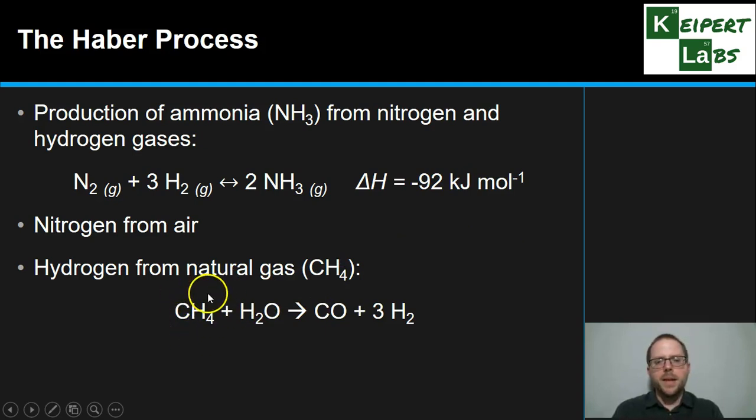So we take methane from natural gas and combine it with steam. We produce hydrogen and carbon monoxide, which we further then break down so that it doesn't poison our catalyst to form carbon dioxide and more hydrogen gas. So the hydrogen gas and the nitrogen gas that we have then are channeled into producing our ammonia.